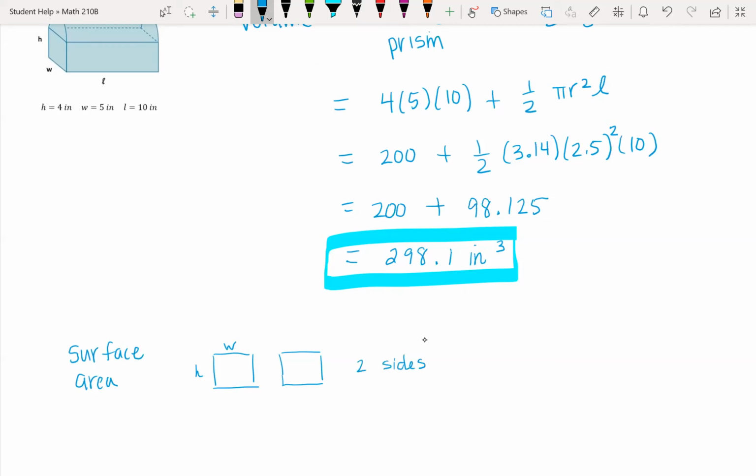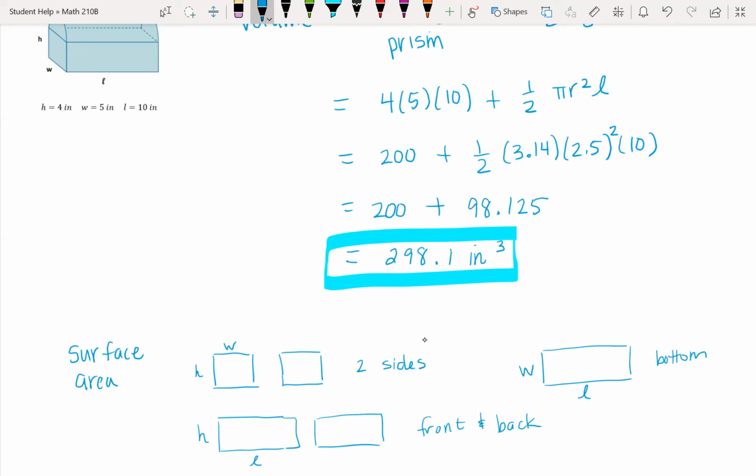And then I've got the front and the back, which is H times L, right? And then I have the bottom. The bottom is W times L. I don't have a top to that rectangular part because it's connected to the cylinder.